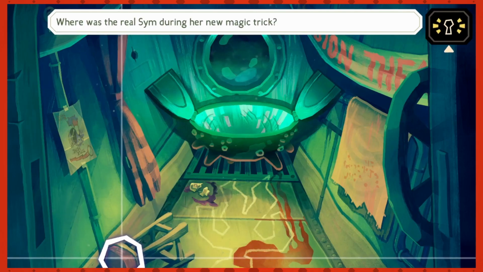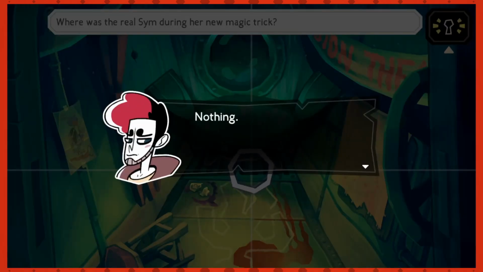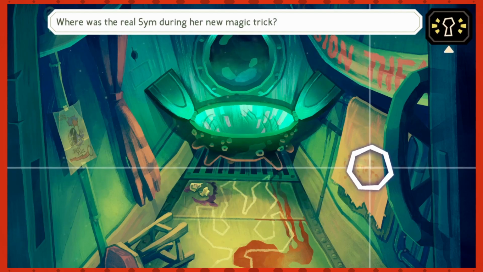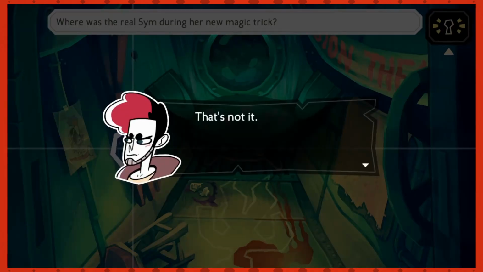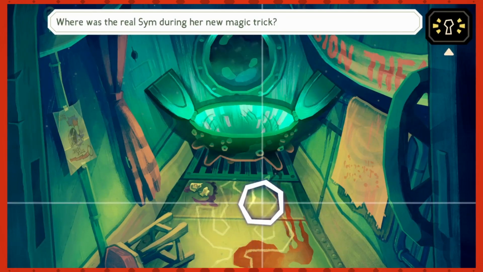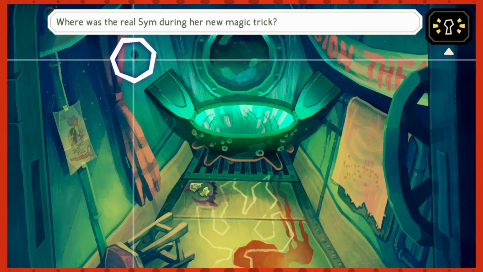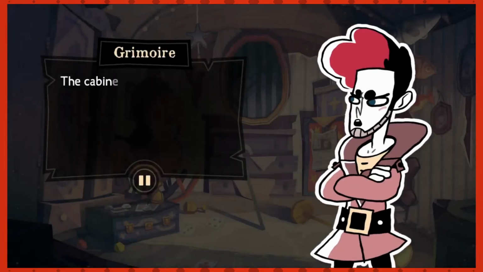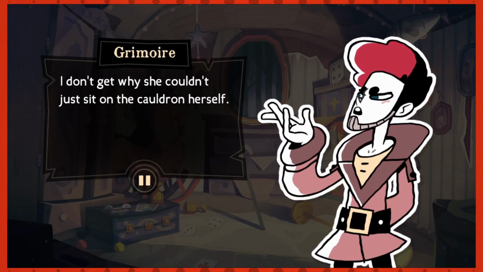Well, the doll would be sitting on the stool. Behind this curtain? That's not it. Was she in the cabinet to the side? Why does she get kept the doll? She couldn't just sit in the cauldron herself.